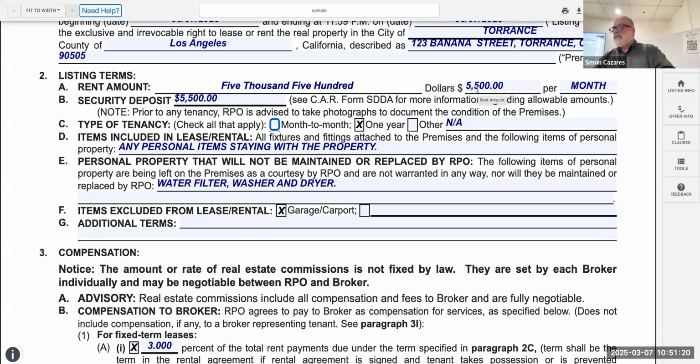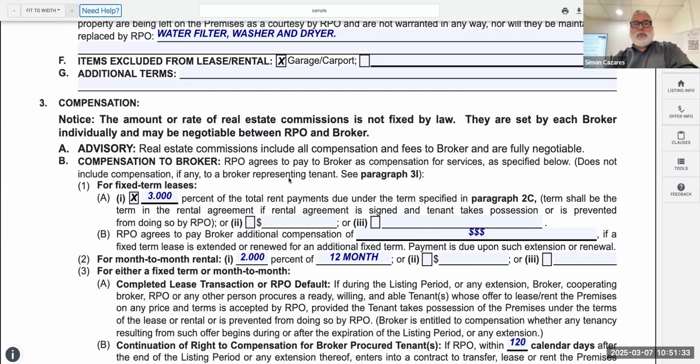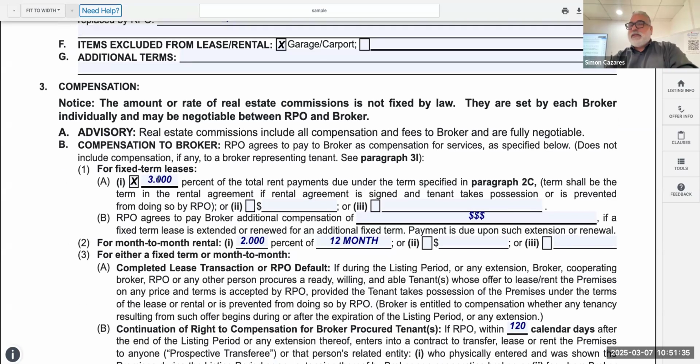That's $66,000, right? $66,000 from the 5,500 a month. All of the total income that you're generating or the landlord is generating is based on your compensation. So if you are requesting the 3%, then it's 3% of the 66,000.